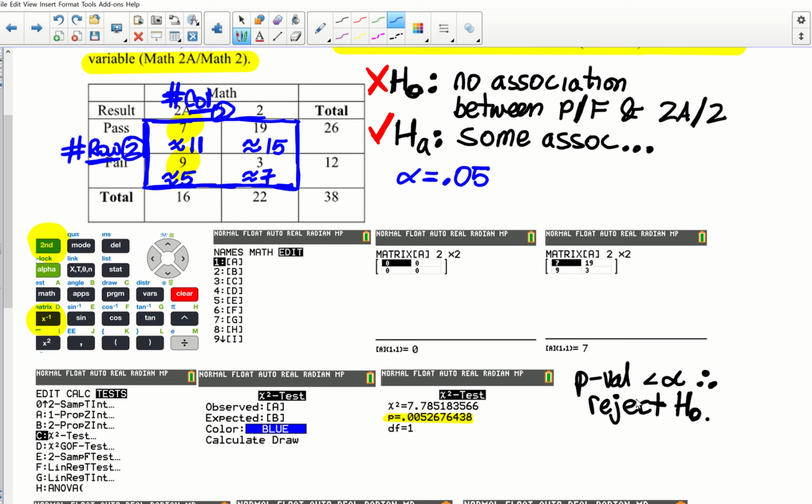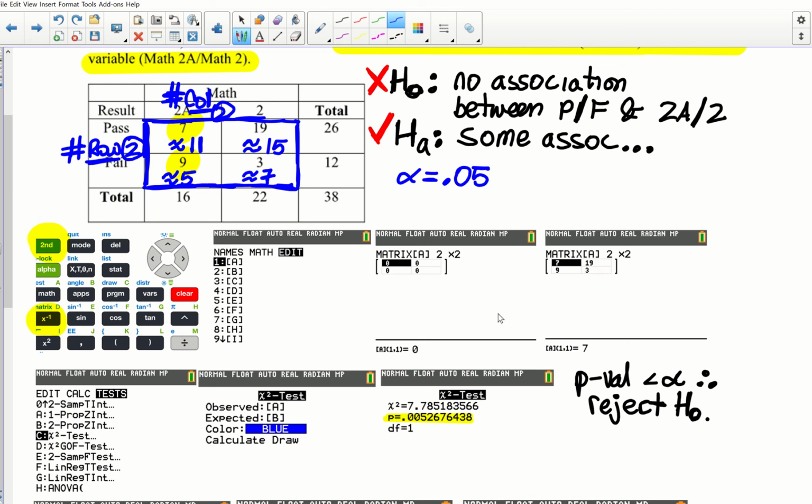But if you screw something up, I don't know where you went wrong. If you give me the expected values and they're incorrect, I know where you went wrong. You typed the data in incorrectly. So that it gives me the ability to take off 1 point as opposed to taking off like 4 or 5 points. All right. So we want to have them there for that reason.